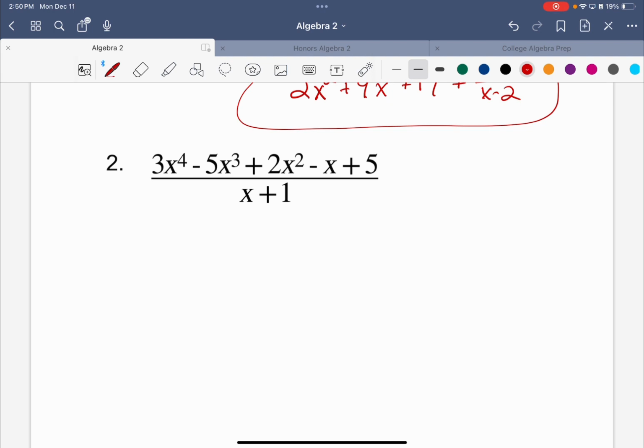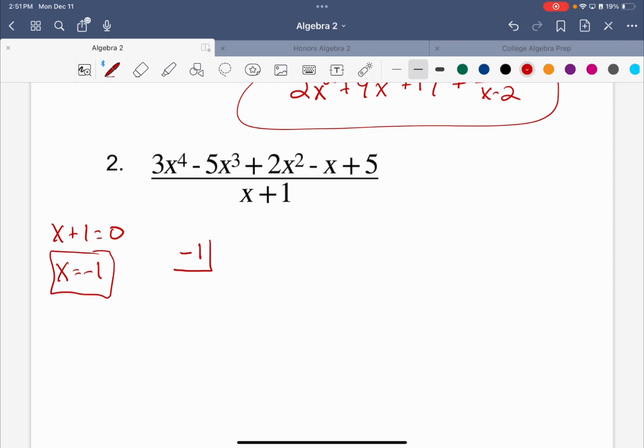So again, step 1: take your divisor, x plus 1, set it equal to 0, and solve. So we get x equals -1. That -1 is what's going to go inside the box.